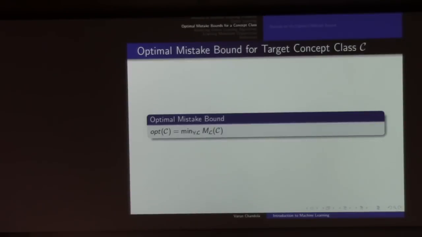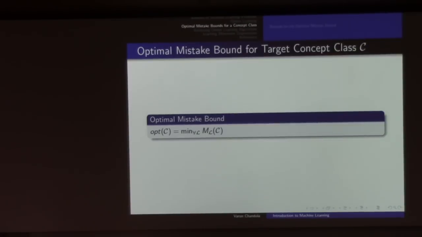All right. Now remember, in the beginning I said that we are not going to characterize algorithms. What we want to characterize are the concept classes, right? So now comes this notion of an optimal mistake bound, which goes over all possible algorithms and tries to find the best algorithm, the algorithm whose worst case bound is the least, right? So that tells you the complexity of the concept class, okay?